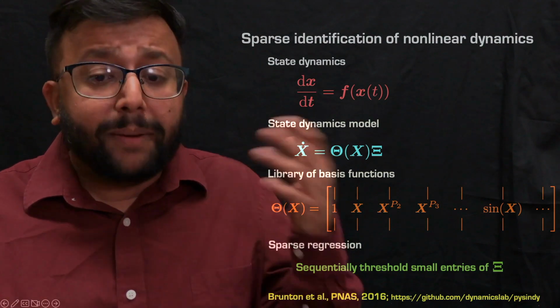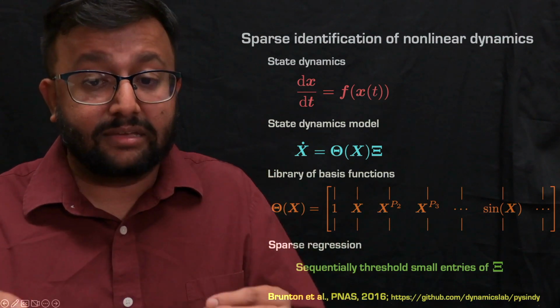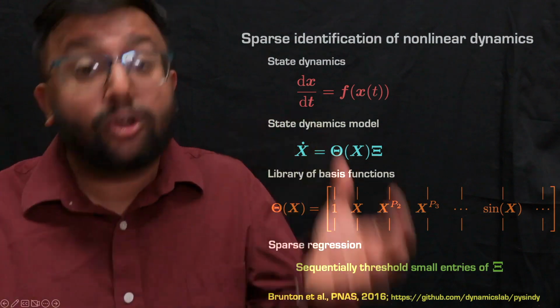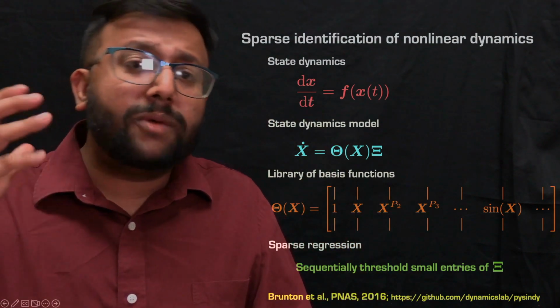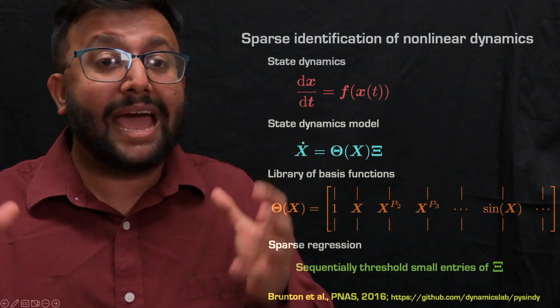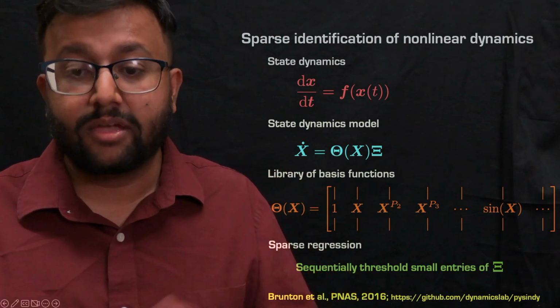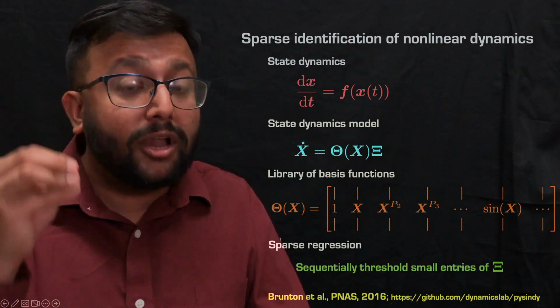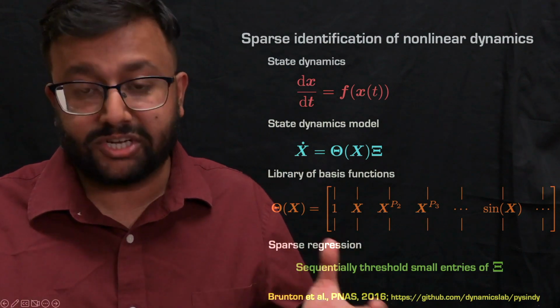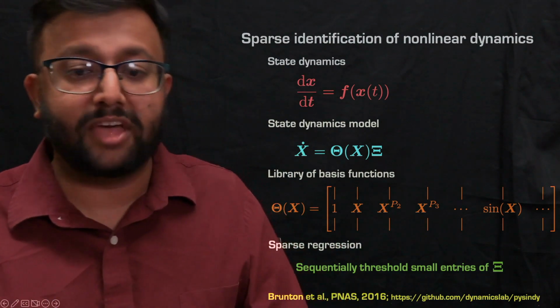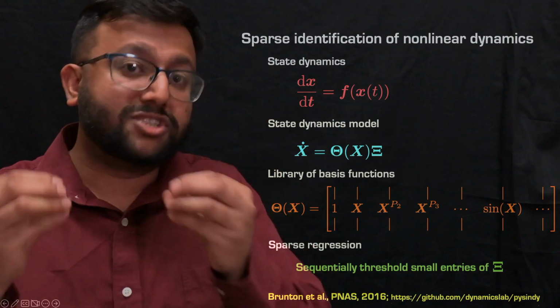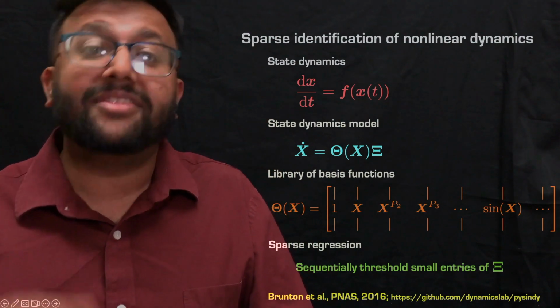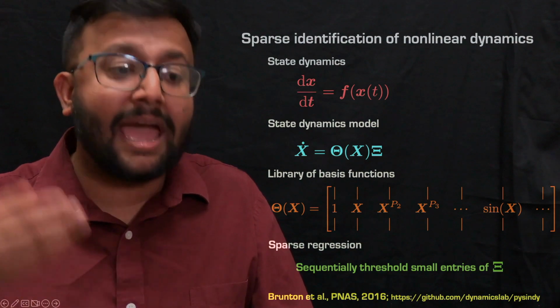So to promote parsimony, or sparsity, in the coefficient space, we do something called sequential thresholding. What that means is we threshold the small entries of the coefficients, so we essentially remove them if the values are smaller than a certain threshold. And then regression is performed again and again.